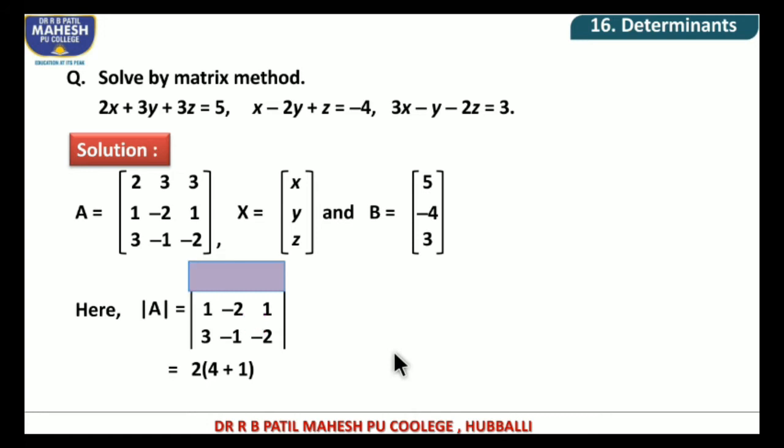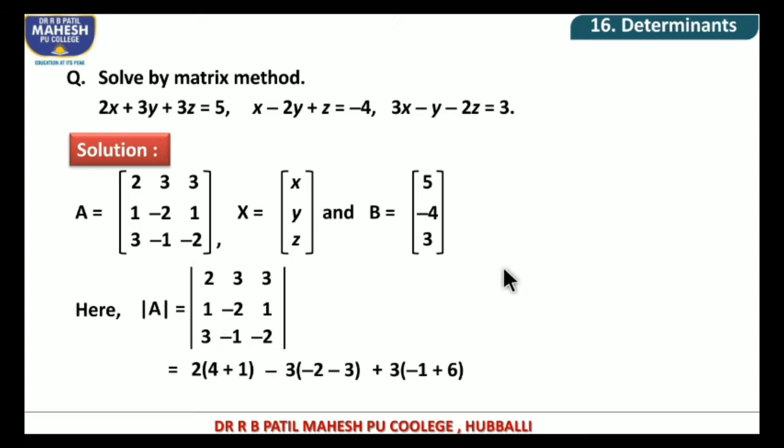For the second element we have the sign minus, and the second element is 3 into the bracket of minus 2 minus 3. For the third element we have the sign plus, and the third element is 3 into the bracket of minus 1 plus 6.